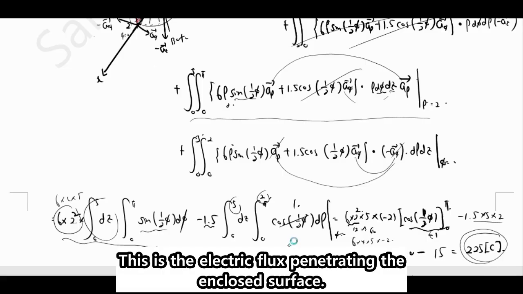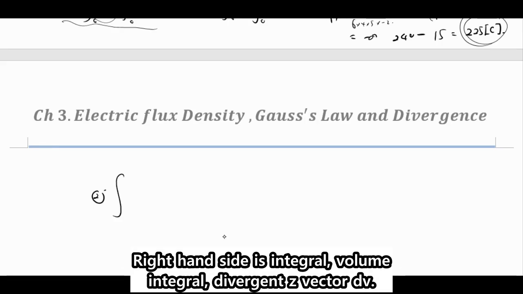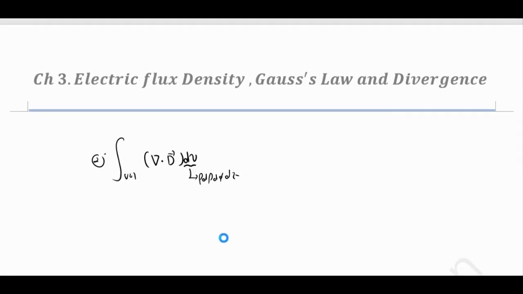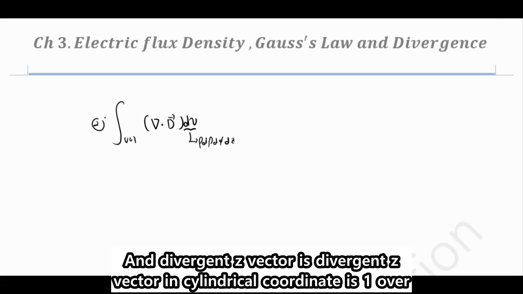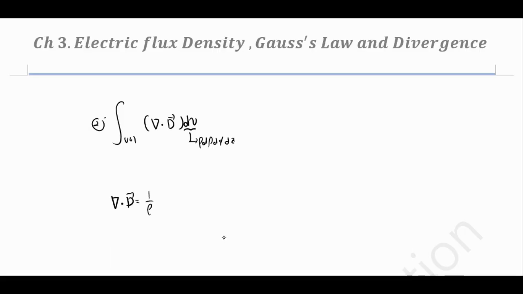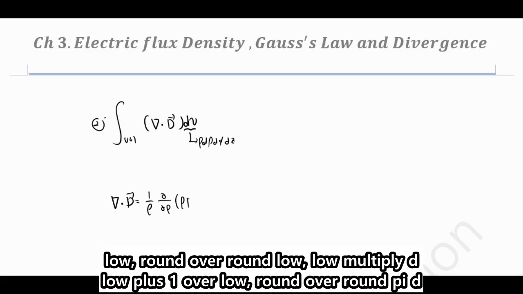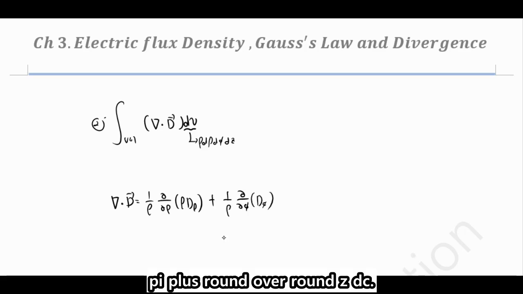This is the electric flux penetrating the enclosed surface, and we can now calculate the right-hand side. The right-hand side is the volume integral of the divergence of D dv. dv in cylindrical coordinates is rho d rho d phi dz. The divergence of D in cylindrical coordinates is 1 over rho partial over partial rho of rho D_rho, plus 1 over rho partial over partial phi of D_phi, plus partial over partial z of D_z.